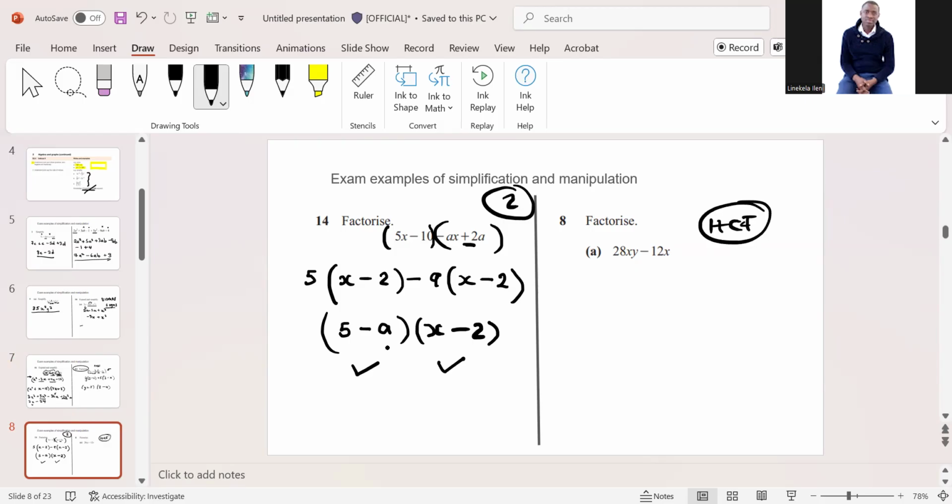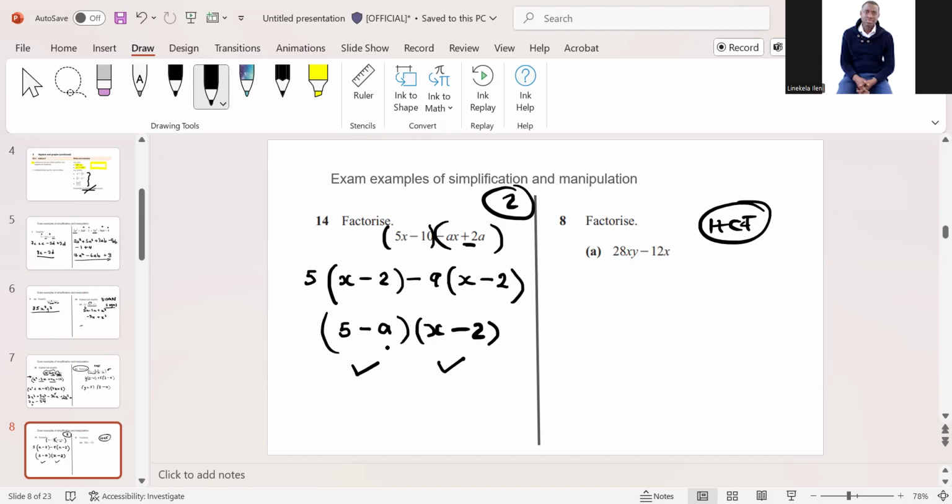We need to look for the highest common factor of 12 and 28. Now, many students here make the mistake of saying, okay, I'll just use 2. If you use 2, you might realize that you have not factorized completely, because you might still end up with something. Let me give you an example.